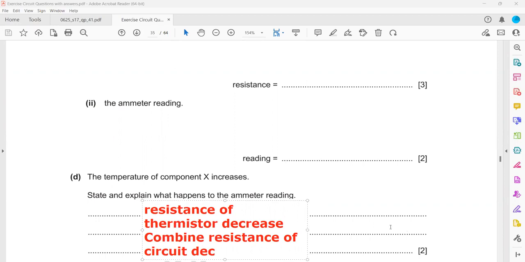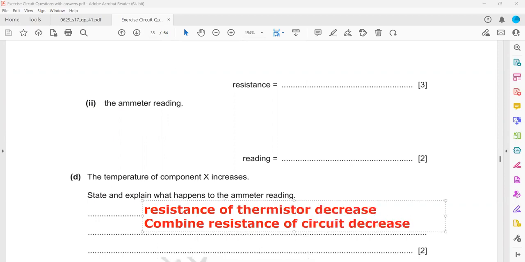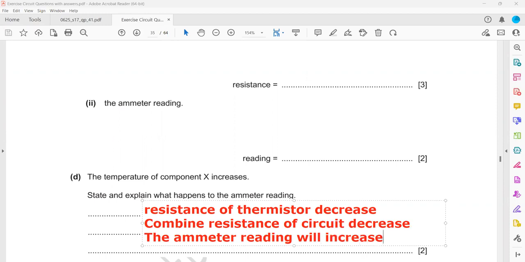And when the combined resistance of the circuit decreases, the reading on the ammeter will increase. Is this one clear? Yes, sir, clear.